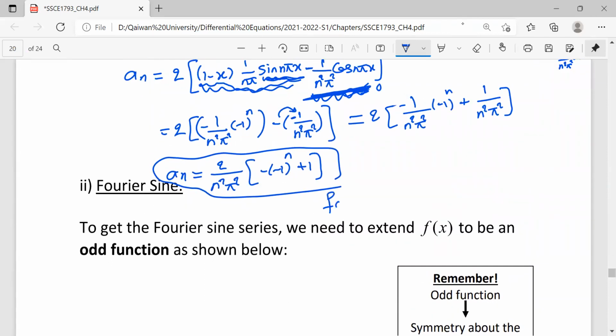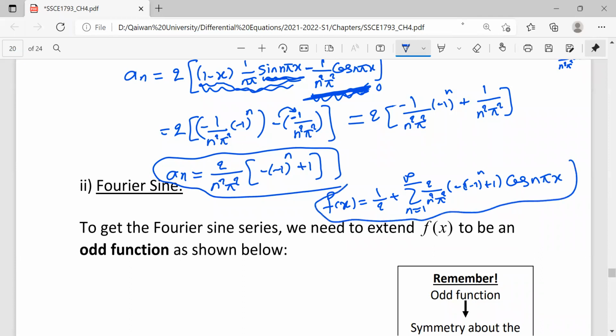So f of x is a naught over 2, which is 1 over 2, plus the sum from n equals 1 to infinity of an, which is 2 over n squared pi squared times minus 1 to the power n plus 1, times cosine n pi x over L, where L is 1. This is the cosine Fourier series for that function.